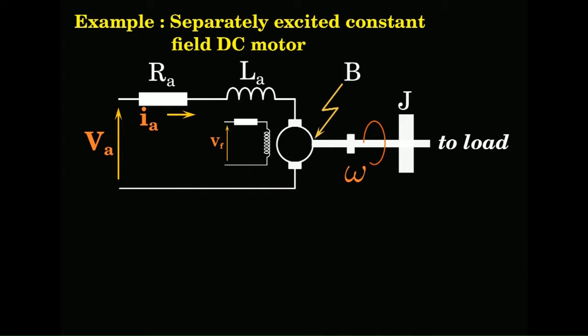Now, let us see how you will draw the bond graph first, then assign the causality, and then get the state equations for this particular system. You will see it is a very simple system. Now, start from the electrical side. You have the source, you have RA, you have LA, and you have the gyrator.